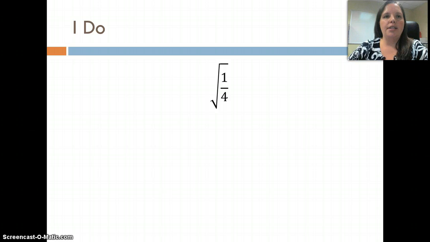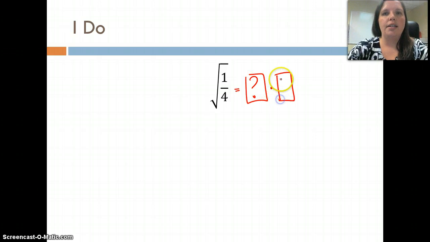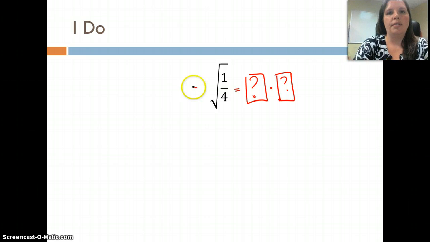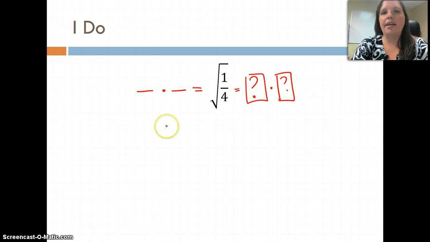So if I do this, again, what does a square root mean? It means what times itself gives me 1/4. Well, to get 1/4, I would hope we could tell it's definitely going to have to be a fraction times itself. So what you want to think is, how do I get to that 1/4? What times itself, and how do I multiply with fractions?